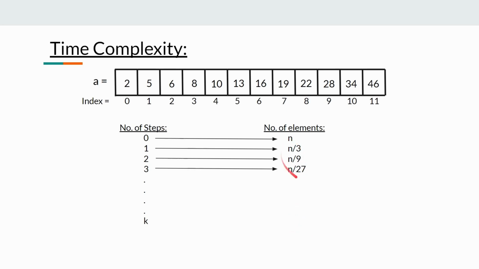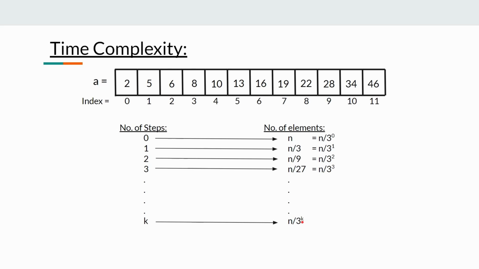If you look closely, there is a pattern here: n divided by 3 to the power 1, n divided by 3 squared, n divided by 3 cubed. Similarly, n can be written as n divided by 3 to the power 0, which is n. The exponents 0, 1, 2, 3 are the number of steps. So for k steps, it is n divided by 3 to the power k.